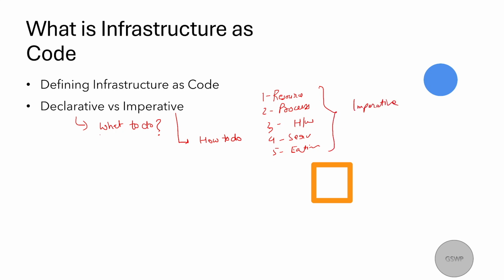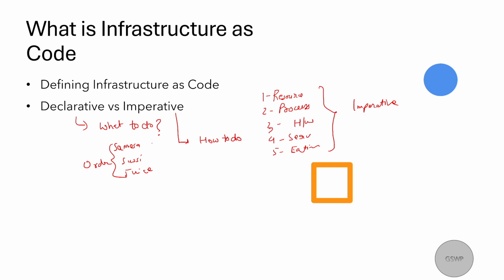And now what is declarative? Declarative means you open your mobile and just say, I want something like samosa, I want sushi, and I want some juice, etc., and order it.